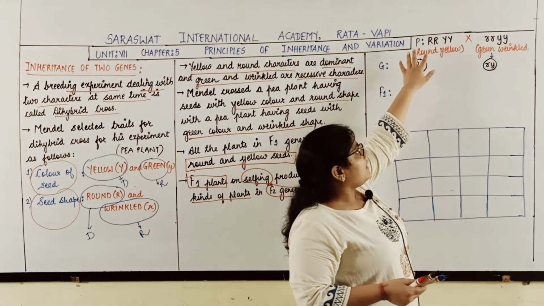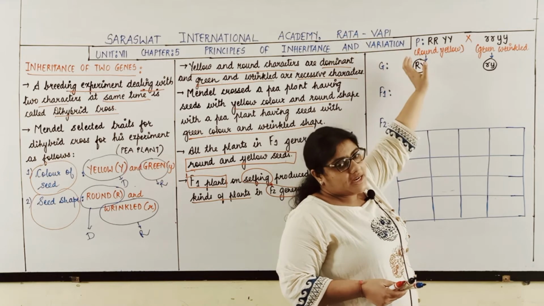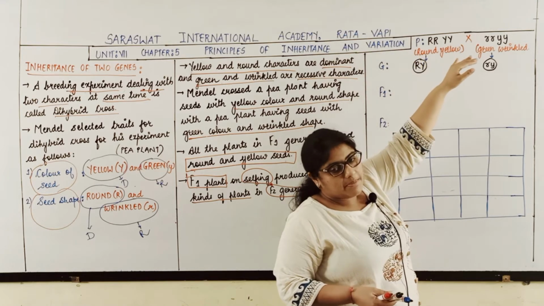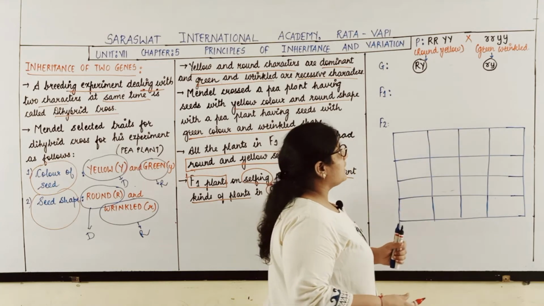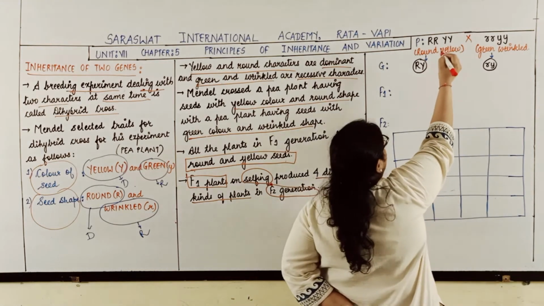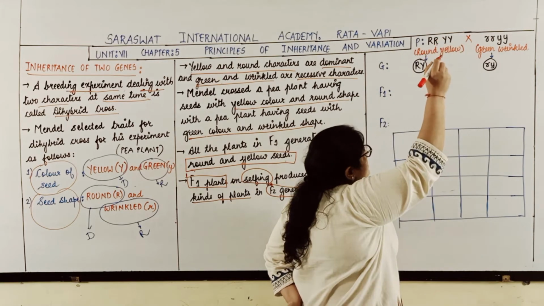So basically, plants with the pure dominant character were crossed with plants with the pure recessive characters. So what does RR stand for? Which structure?